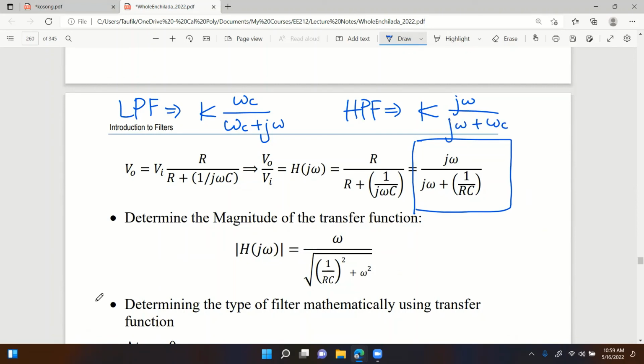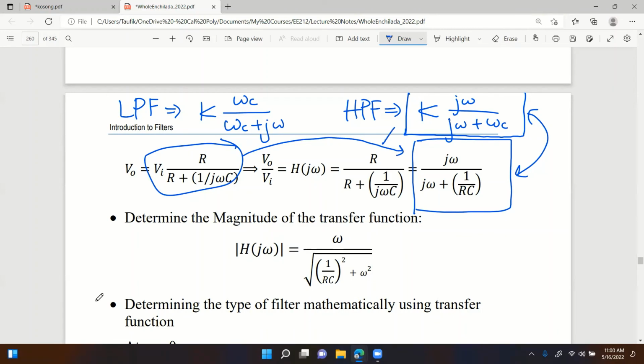If you rewrite the transfer function this way, right away you know the omega c. Go ahead and compare the two. So if I rewrite the transfer function to follow that format, I can right away tell that for a high pass RC filter, omega c turns out to be 1 over RC again, just like the low pass filter. And we'll continue next time, okay?